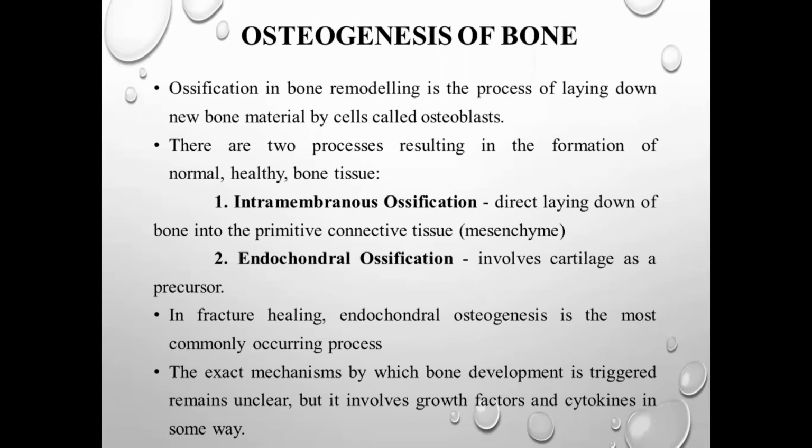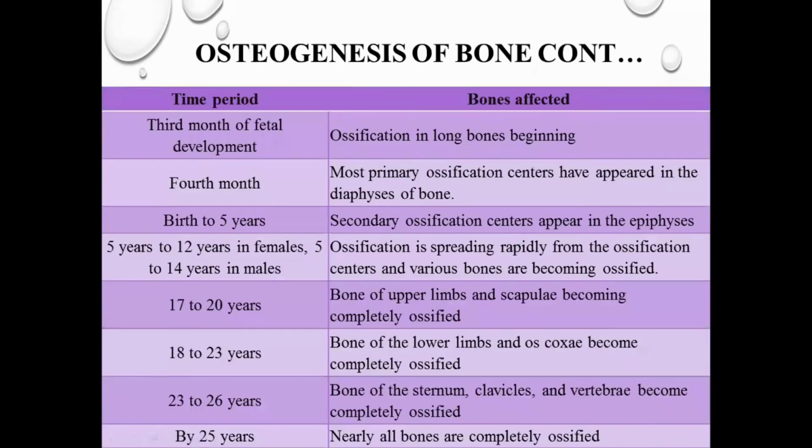In fracture healing, endochondral osteogenesis is the most commonly occurring process. Okay. The exact mechanism by which bone development is triggered remains unclear, but it involves growth factors and cytokines in some ways. Okay, right. So this is the osteogenesis of the bone content.